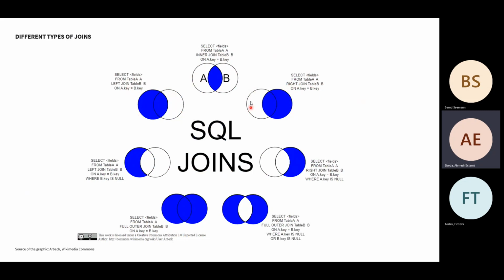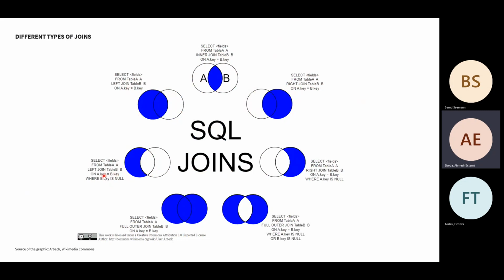Okay. So look here: select fields from table A left join table B, it should select all of this with the intersection.